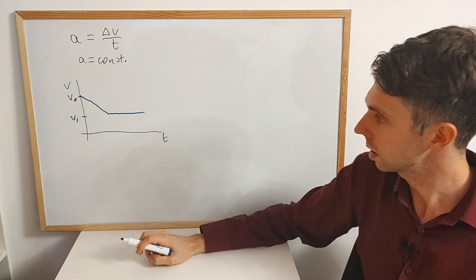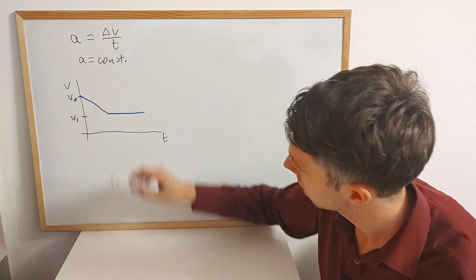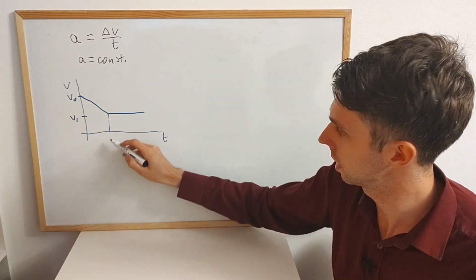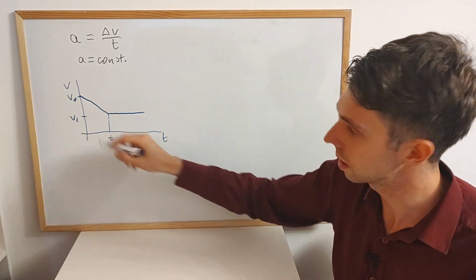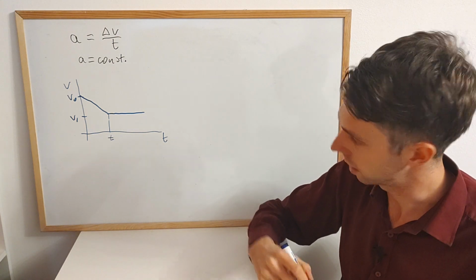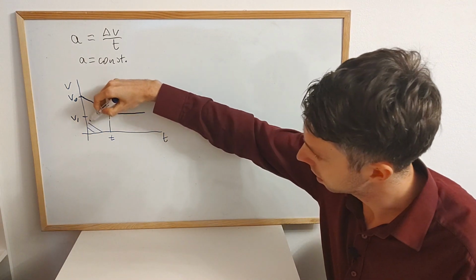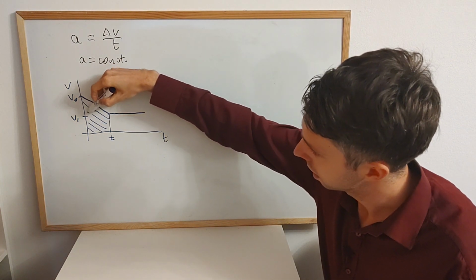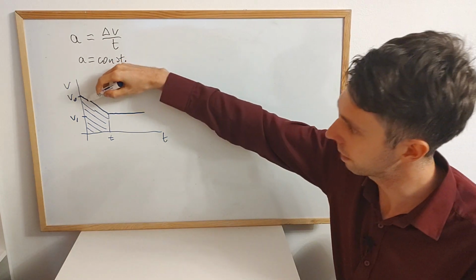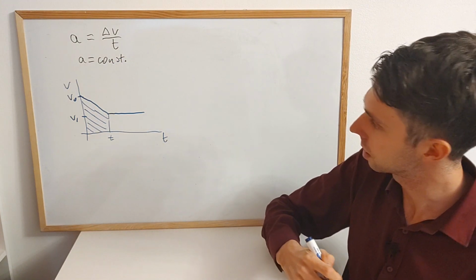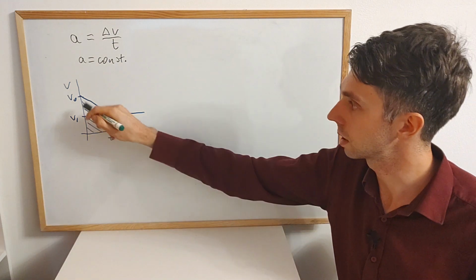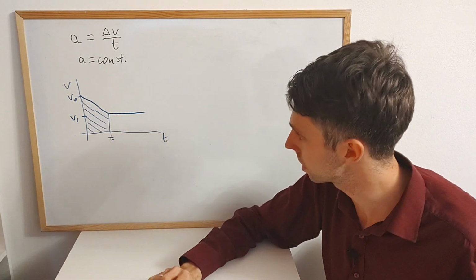And the question is, what's the distance covered when decelerating? So in this time interval. So again, the distance is the area below the graph, so something like this. And again, you can say that this is a trapezoid.